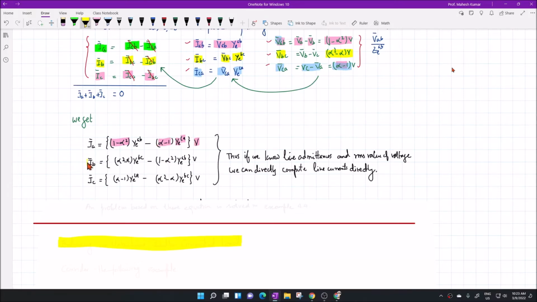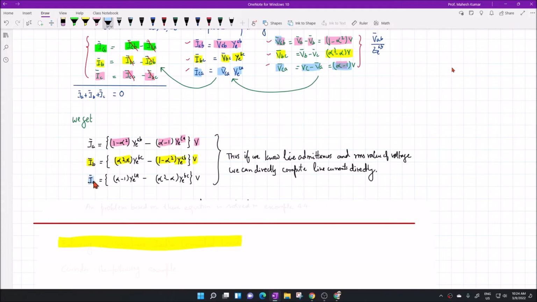Similarly, IB is given as VBC, alpha square minus alpha into YLBC, minus IAB. So IAB becomes A minus B, that is 1 minus alpha square into YLAB, and V will be here.